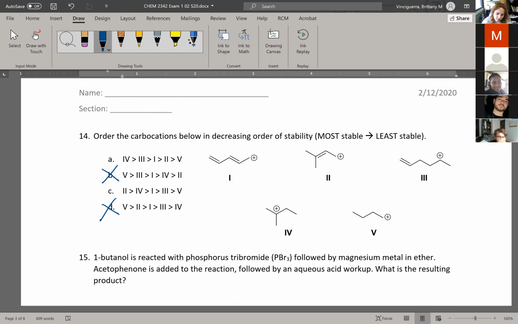The next thing that you could do is try to identify the best. And I think a lot of you guys had some trouble with this. You can also try to identify the second worst. Did anybody have an easier time finding the strongest one or the weakest ones?